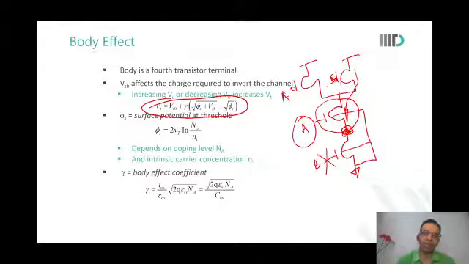Whatever it is, one thing is clear, that there is a VSB that this device will experience, because body is definitely at 0. And we are saying there's some voltage at the source. So we will have a change in VT of the device. The VT of the device would increase.